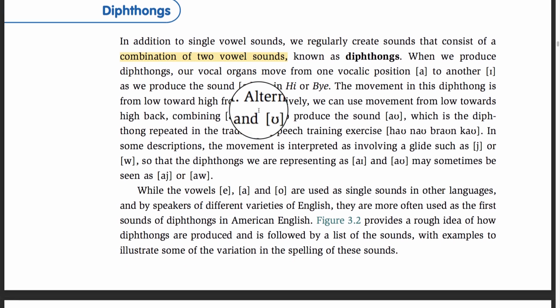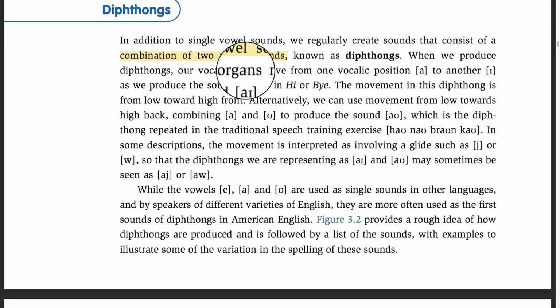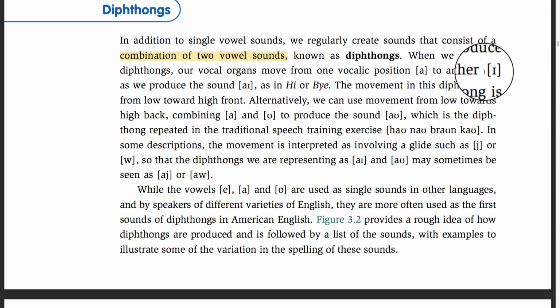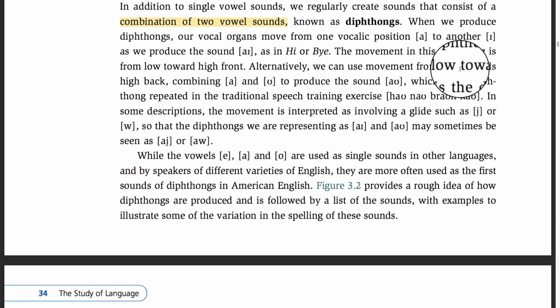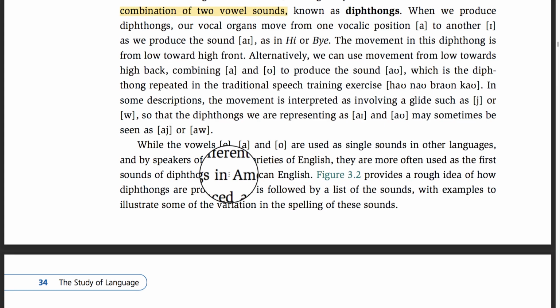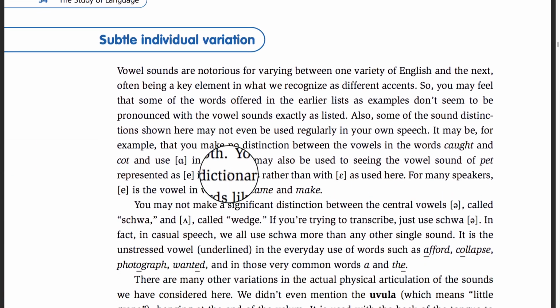When we produce diphthongs, our vocal organs move from one vocalic position to another. مثلا high, I, by، انتقلنا من الأي إلى الإي مباشرة بدون وجود عائق صوتي ساكن بيناتهم. وعندك الأمثلة كثيرة موجودة حقيقة هنا.